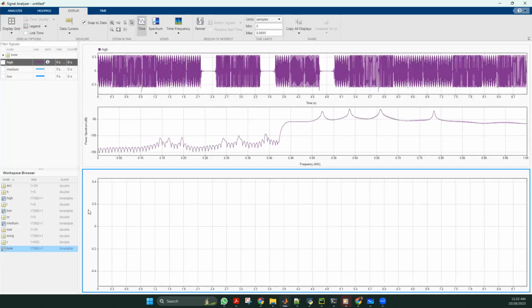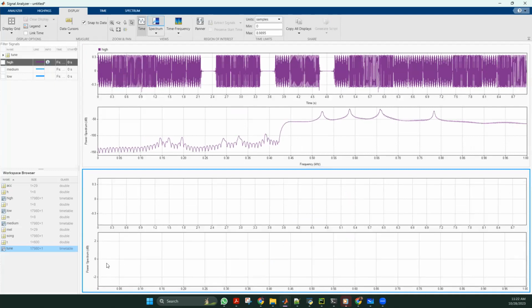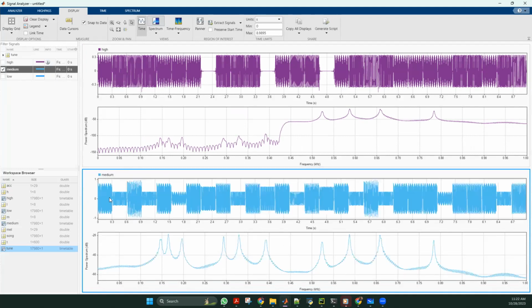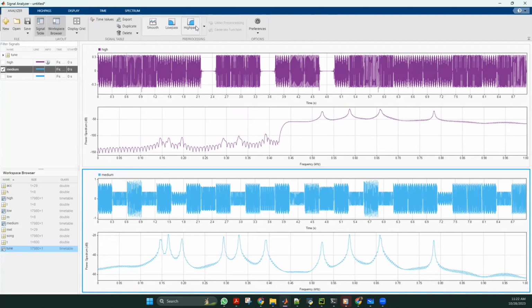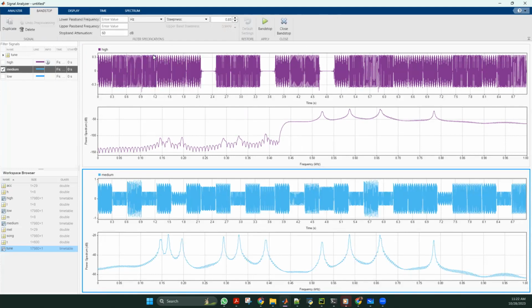In the second plot, I'm going to draw the band pass filter, and I'm going to add the frequency spectrum, and I'm going to plot it now. And now I'm going to select the medium for this plot, and I'm going to apply the band pass filter.